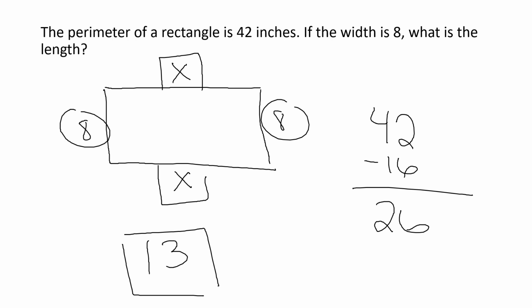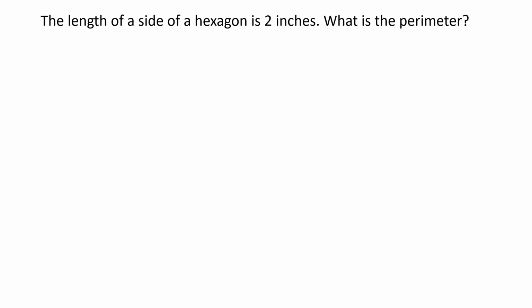Some of these word problems, you're going to have to just sort of stop and think logically and think backwards, and hopefully that didn't confuse you more than necessary. Then you may have something like this. The length of a side of a hexagon is 2 inches. What is the perimeter? Well, you're going to have to either Google hexagon if you don't know what it is, or just sort of stop and think and reach back into your brain somewhere.